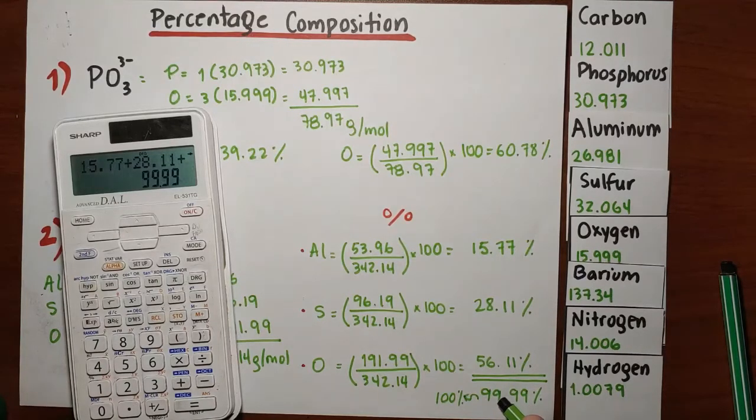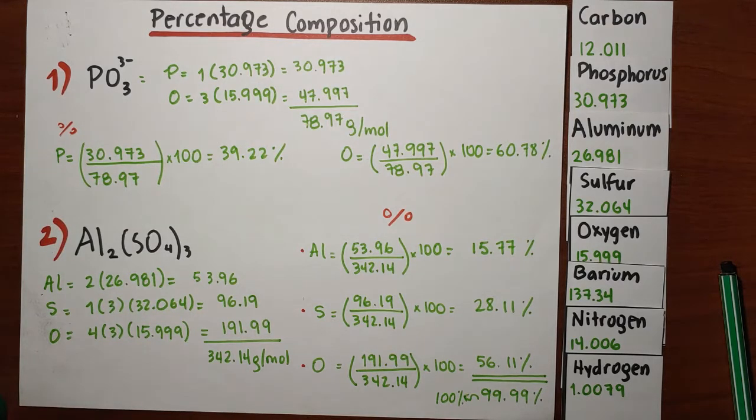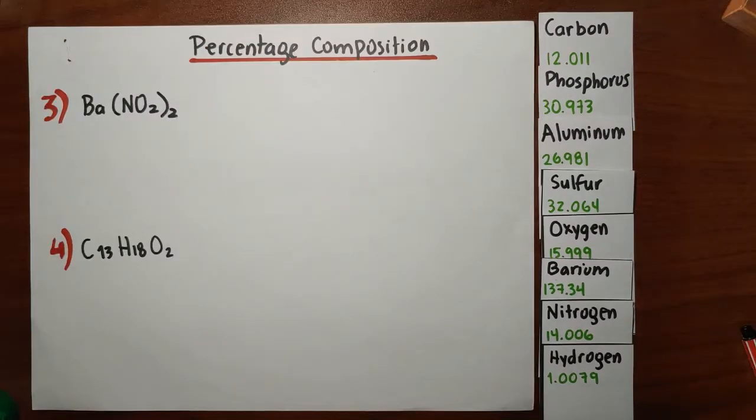No, that's just too much difference. Or if you get, for example, 120%, that is wrong too. But 99.99 is accurate, so you can allow it. Okay, let's do 2 more examples.